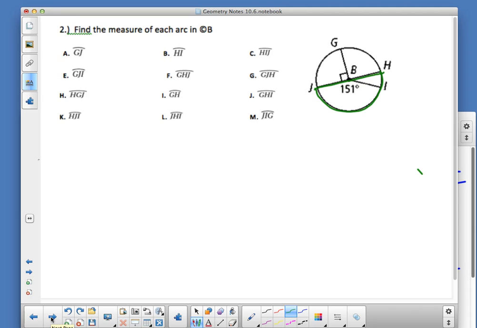That would further mean that this angle is 180 minus 151, which equals 29 degrees right there. This is 90 because of this. This is 90 because it's the other part of 180. Now all I want you to do is piece together those values to come up with the other measures we have. Are there any questions about what I've got you doing right now?